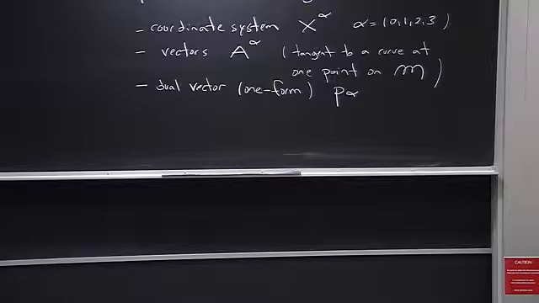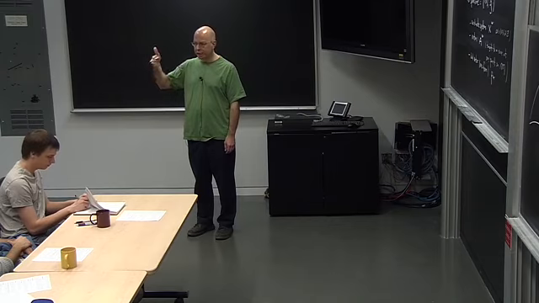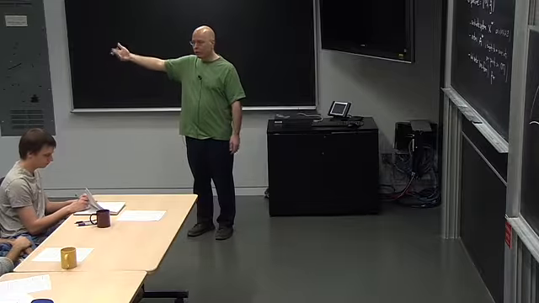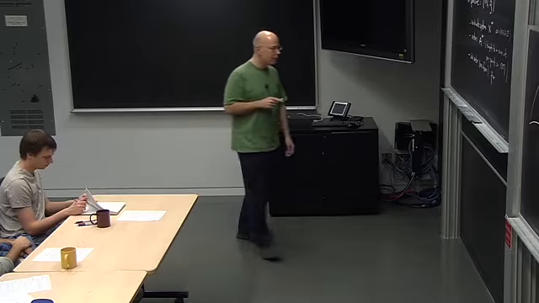In the abstract way, these are defined as operations on vectors that give numbers. More formally, it's a linear mapping between vectors and real numbers, or you can make that complex if you're interested, but we don't have to do that here in GR.